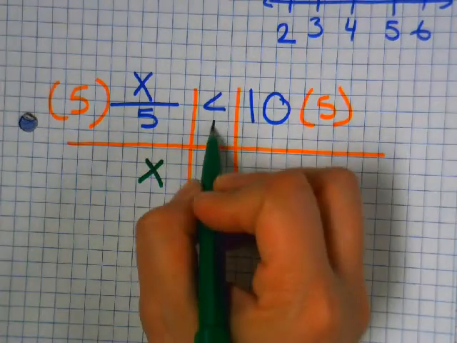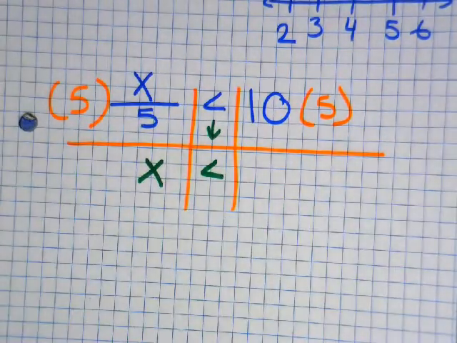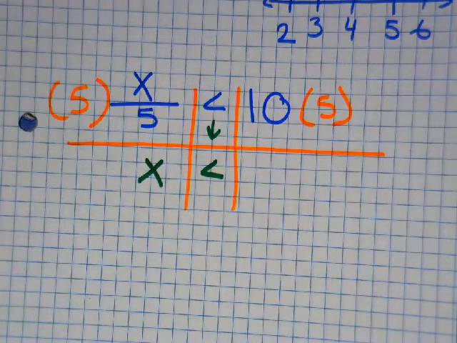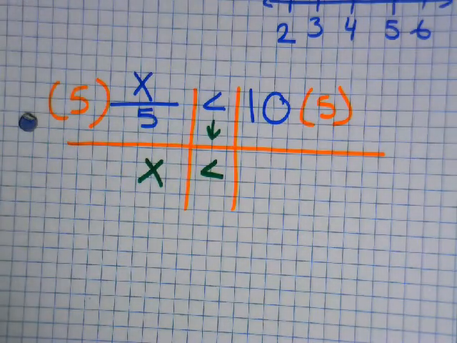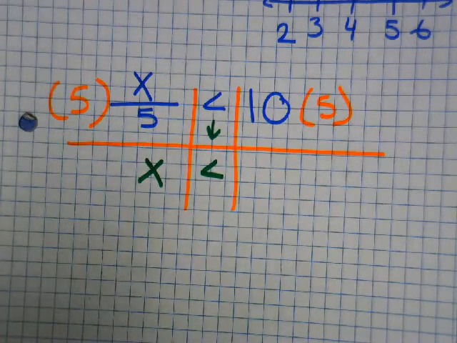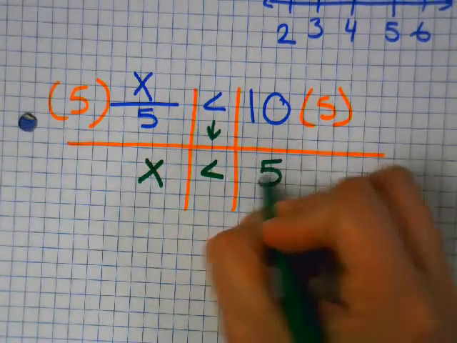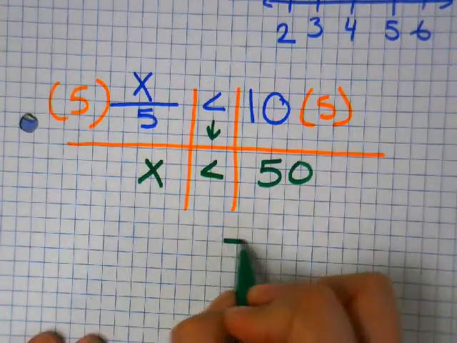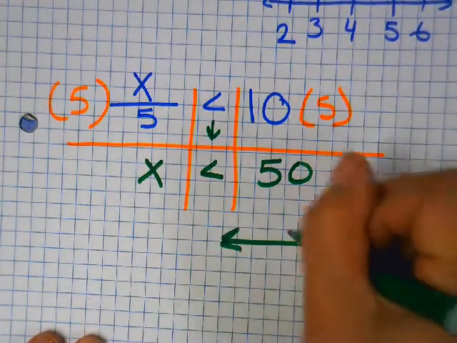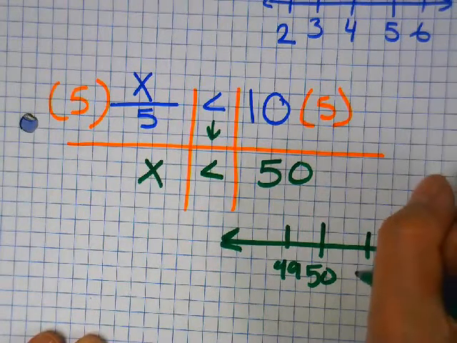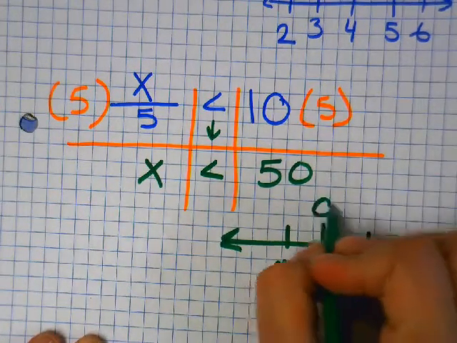Bring this down. And then, what's 10 times 5? 50. Ten times 5 is 50. Open and to the left.